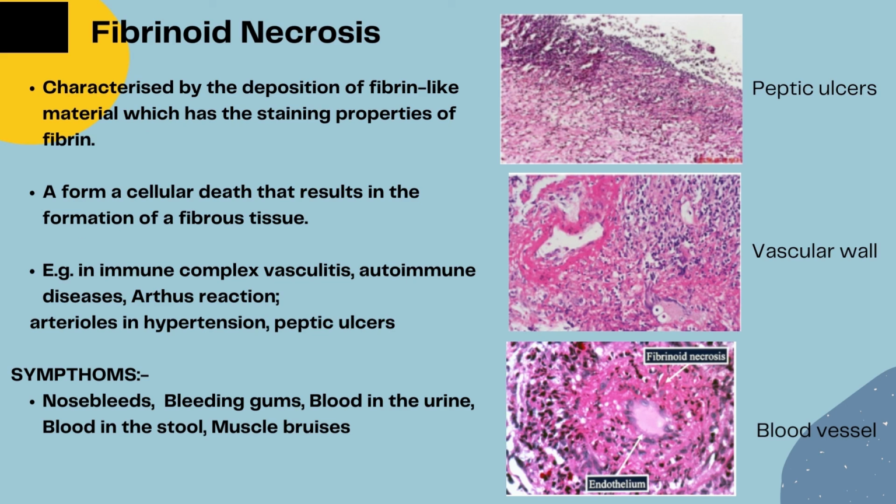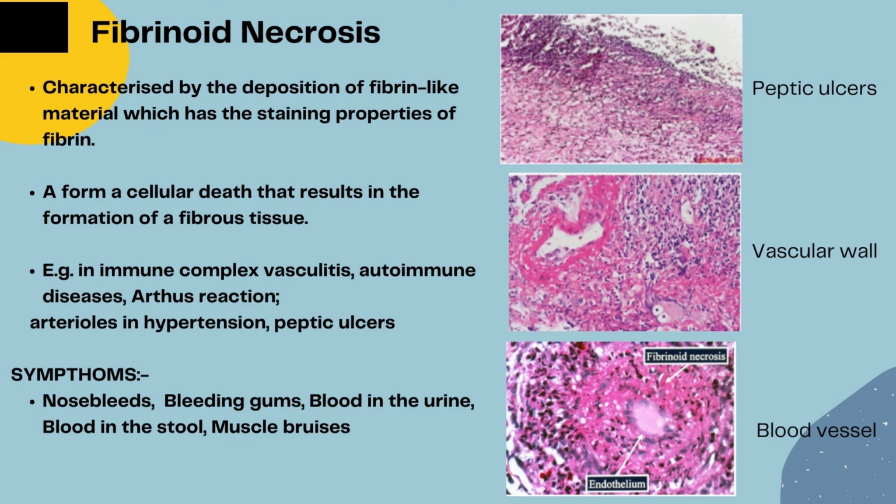It is also encountered in numerous examples of immunological tissue injuries, such as in immune complex vasculitis, autoimmune diseases, as well as arthritis reaction. Not only that, it also occurs in the arterioles in hypertension, as well as peptic ulcers.